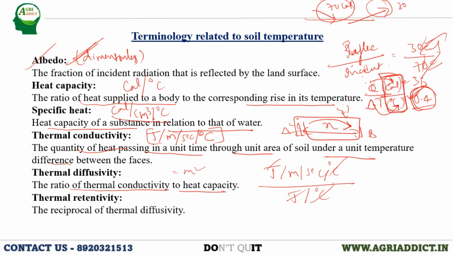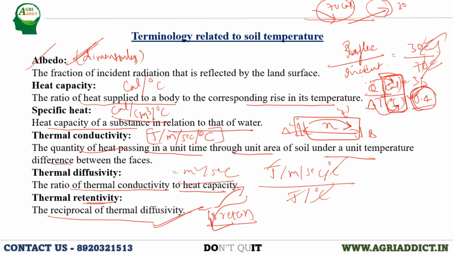Meter square per second. This is nothing but thermal diffusivity. Next one is retentivity. Retentivity is the reciprocal of thermal diffusivity. It is equal to the ability of a body to retain heat. Diffusivity is how much it is diffusing out, and retentivity is how much it is retaining.